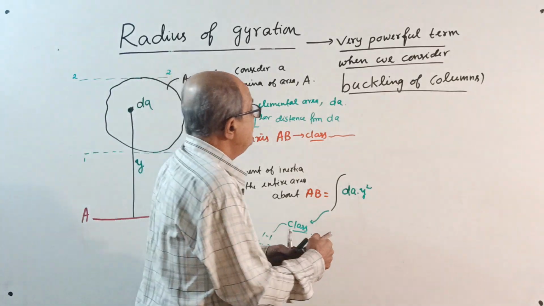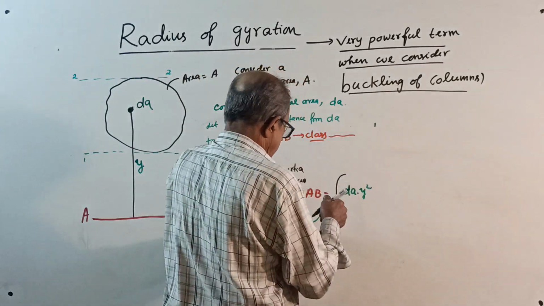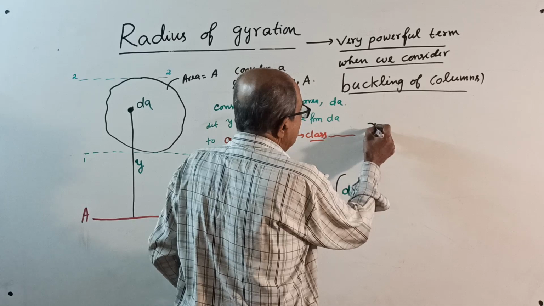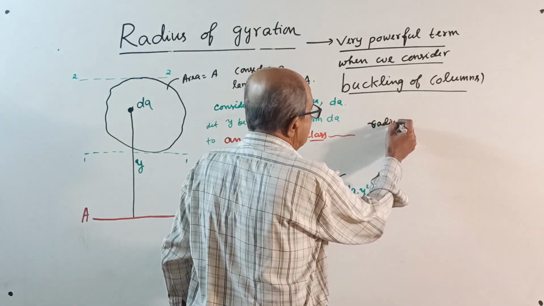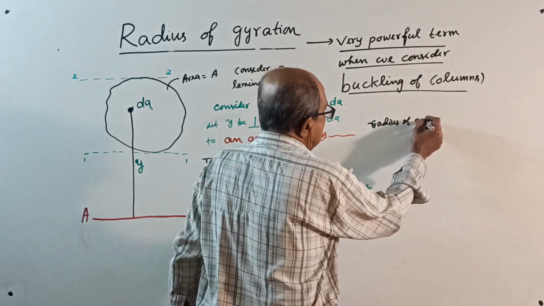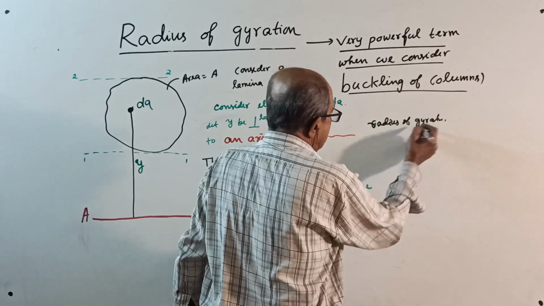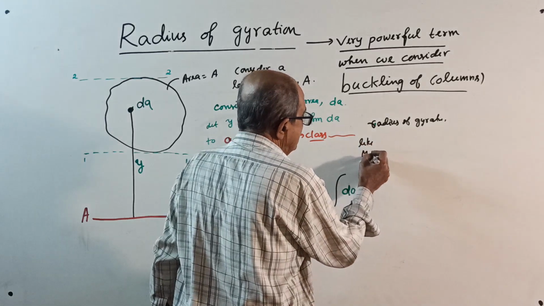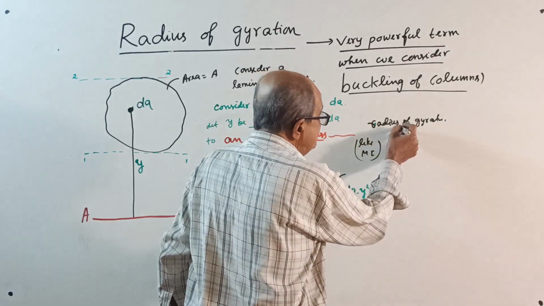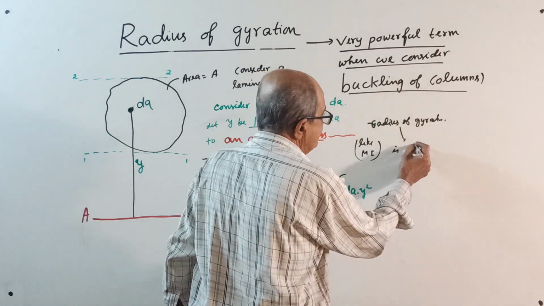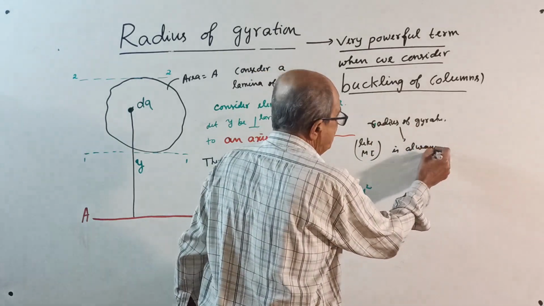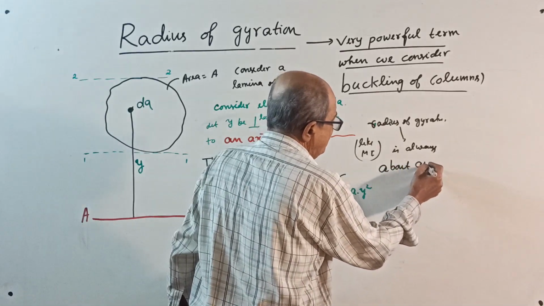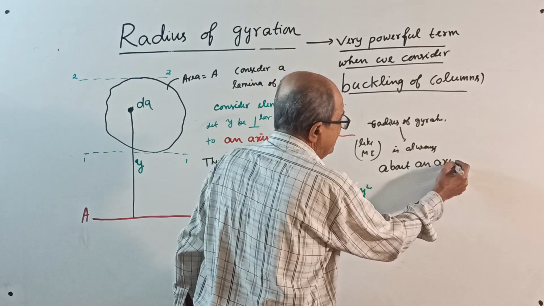When we consider radius of gyration, like moment of inertia, this also is always about an axis. Some axis, any axis.